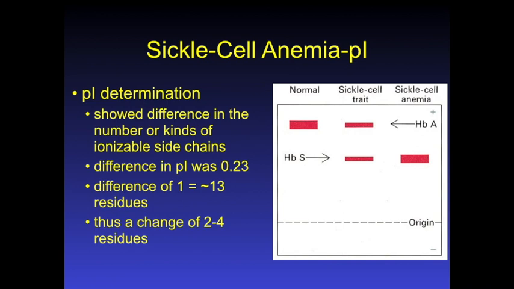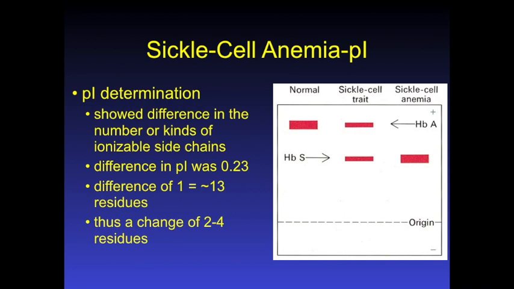What that represented was a difference of, a difference in one pH unit is about 13 residues.